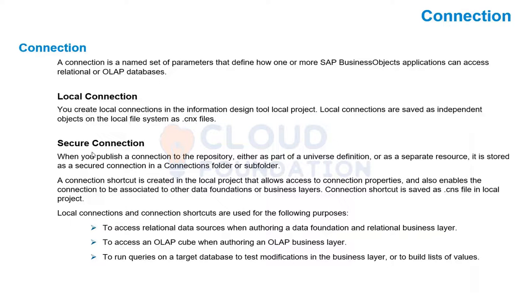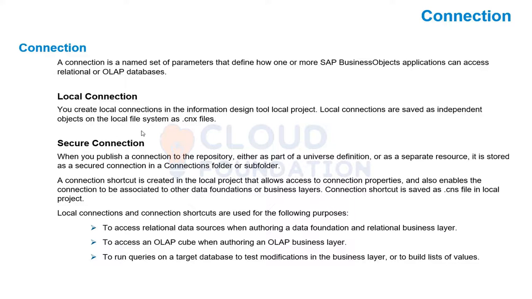If you want to publish your universe to the repository, you always should have a secure connection. It is always recommended to create a connection locally. If you are thinking of publishing the universe to the repository and consuming it for Web Intelligence, you definitely need to publish it to a repository.